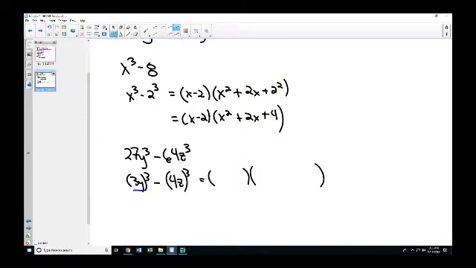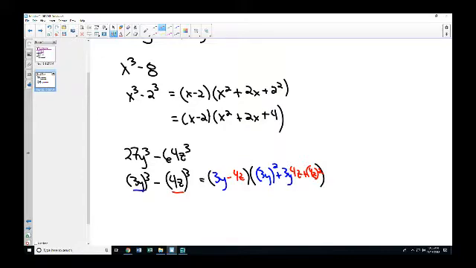So the 3y minus 4z. That should match, right? And then 3y squared plus 3y times 4z plus 4z squared. Same pattern every time.